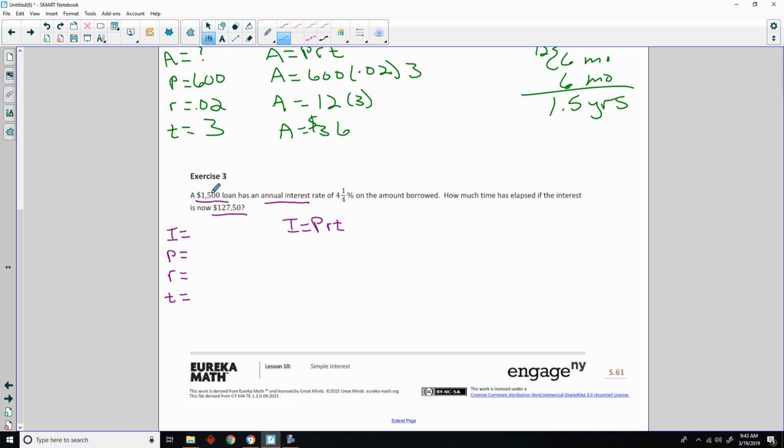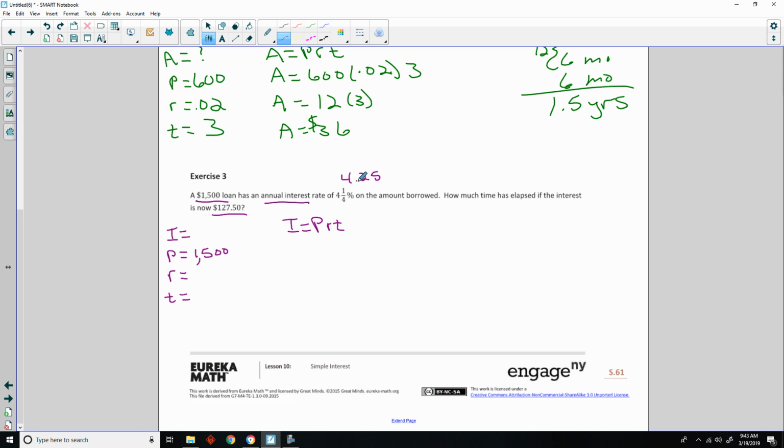Okay, so a $1,500 loan has an annual interest rate on the amount borrowed. So that is going to be our principal amount, $1,500, at a rate that we do not know. No, we do, 4.25.